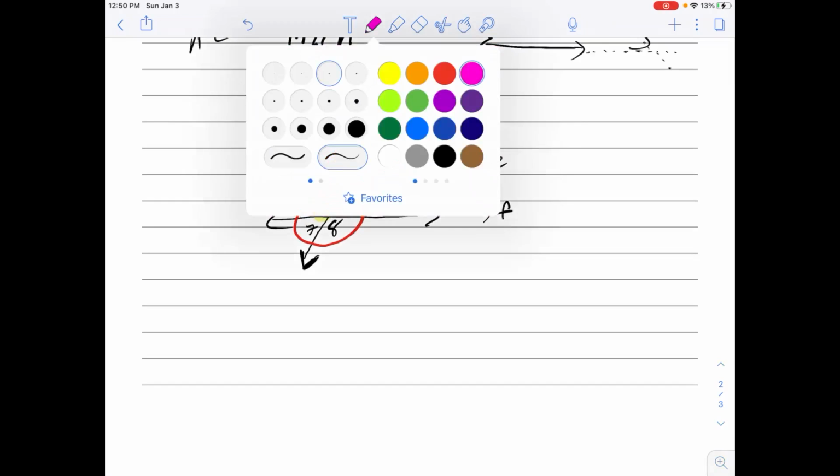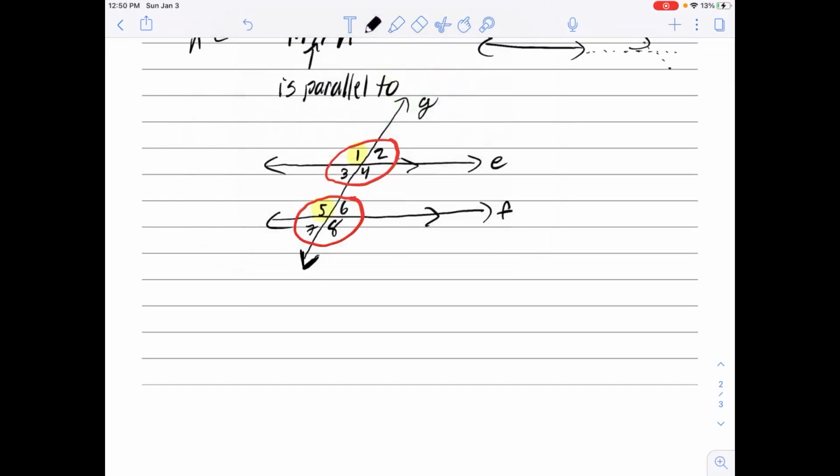So I could say that angle 1 and angle 5 are corresponding angles. They're in the same position. I could also say that 2 and 6 are corresponding, 4 and 8 are corresponding, and 3 and 7 are corresponding because they occupy the same spot.